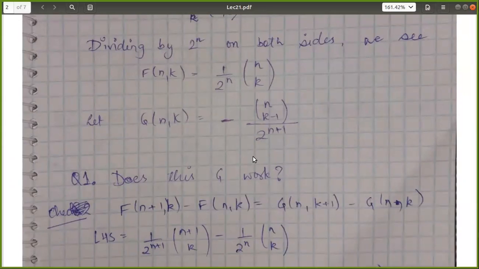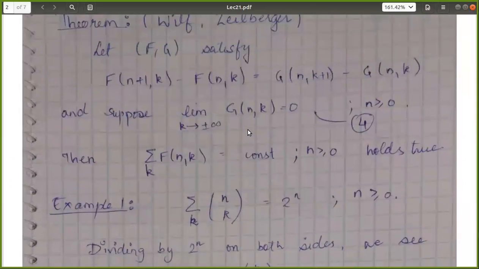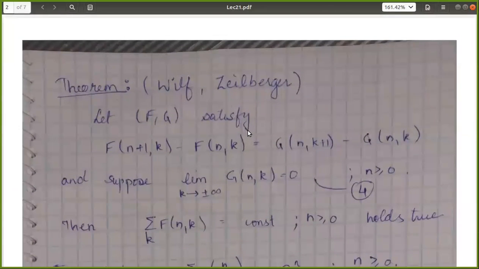Again, this evaluates to a non-zero value if and only if k minus 1 is between 0 and n, both inclusive. So G of n,k is 0 for k approaching plus or minus infinity. Therefore, all the hypotheses of the WZ theorem are satisfied, and hence you know that this is a constant.